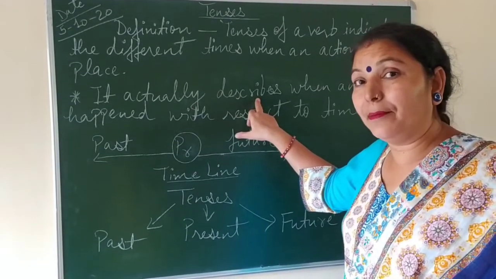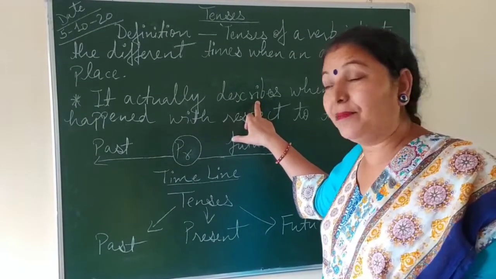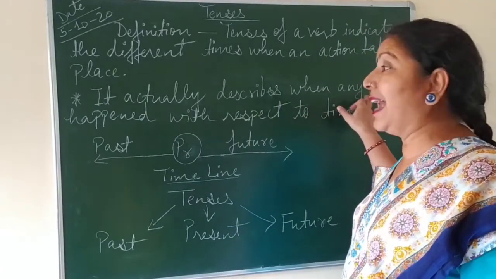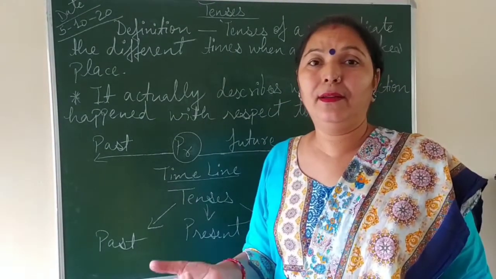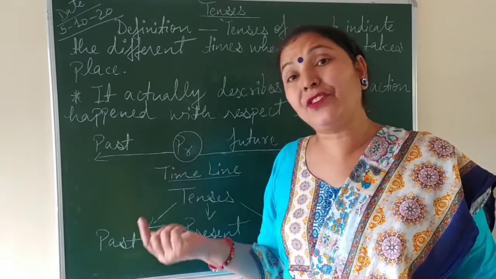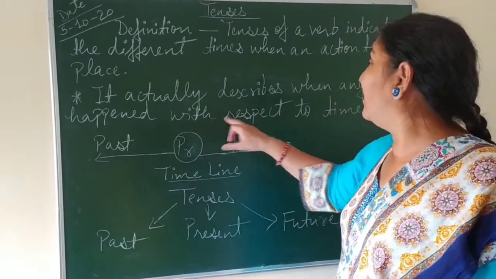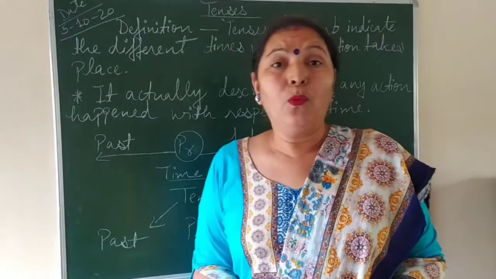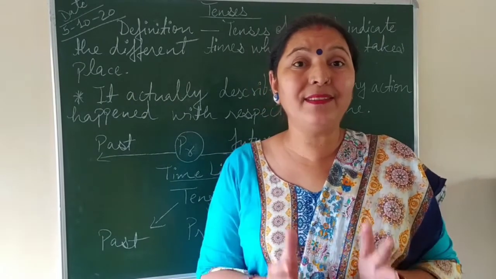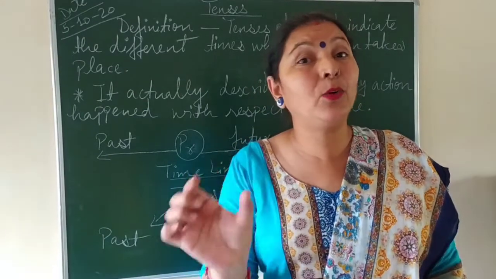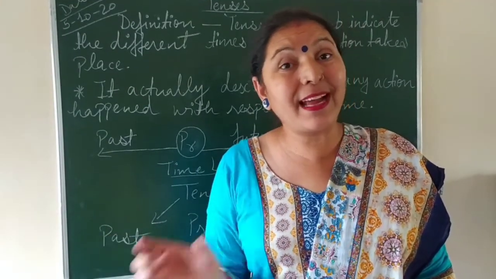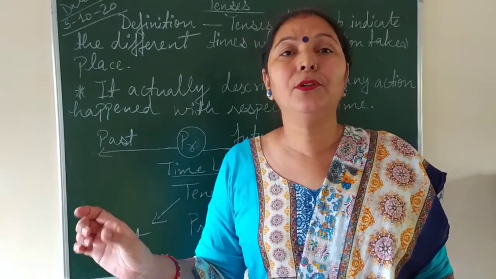What does it describe? Tense actually describes when any action happened. Tense describes when the action happened with respect to time. What does it mean? It means the action took place in a particular time. That means an action takes some time to happen.